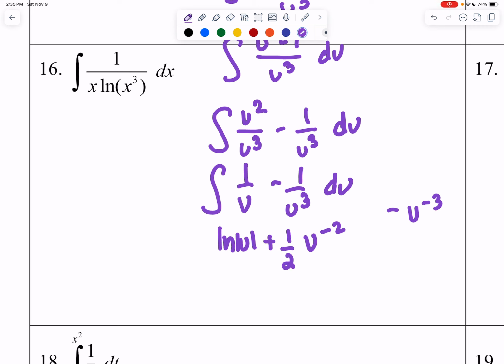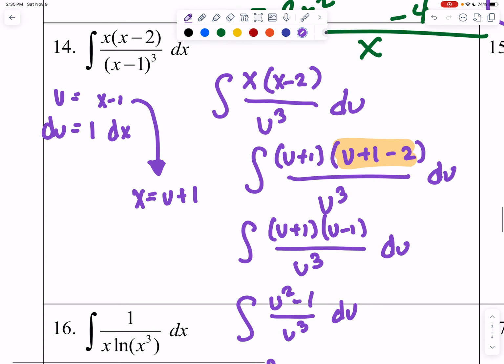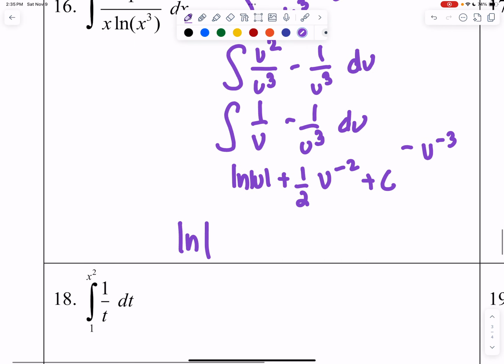Then plus c. So then our final answer here is going to be ln of whatever my u term was. And remember, u was x minus 1. So I have ln of x minus 1 plus 1/2 times x minus 1 to the -2.